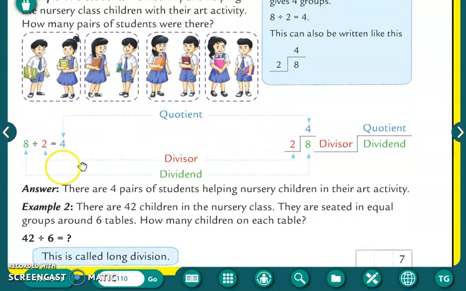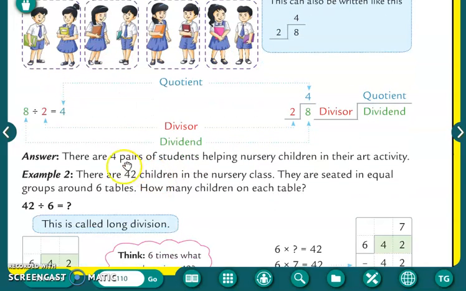So here 8 is the dividend, 2 is the divisor, and 4 is the quotient. We have to write like this: 8 divided by 2, answer is 4. So for the answer we have to write like this. There are 4 pairs of students helping nursery children in their art activity.